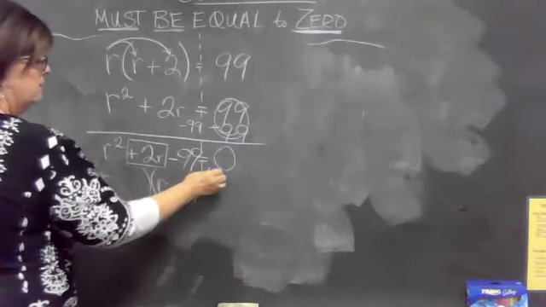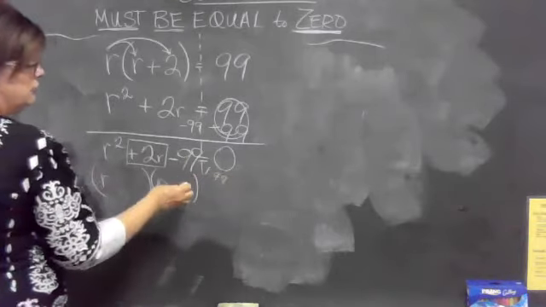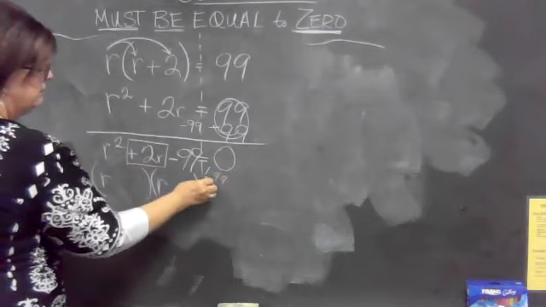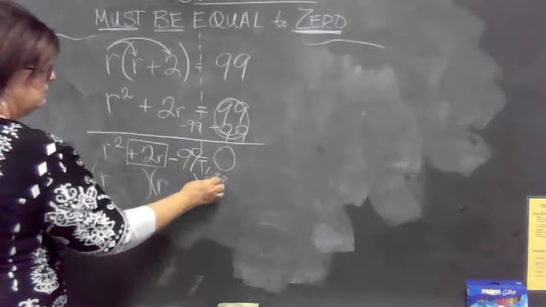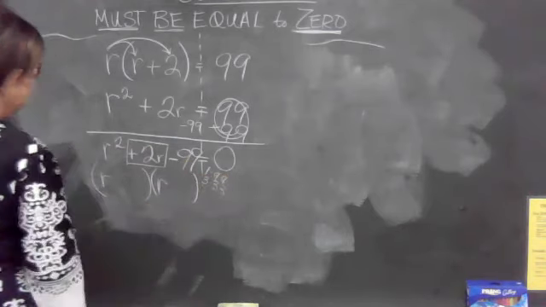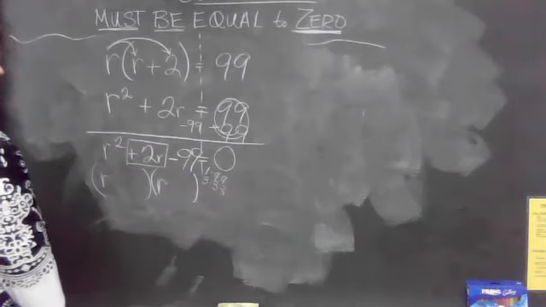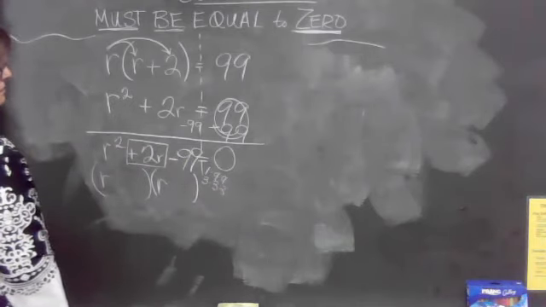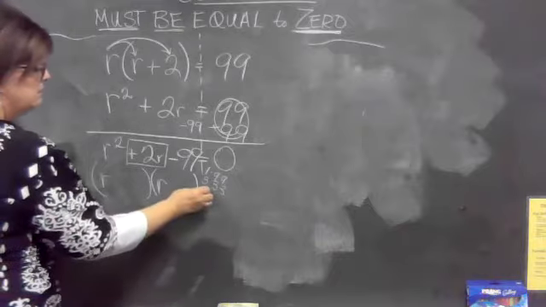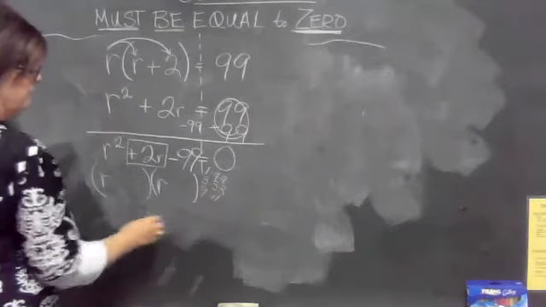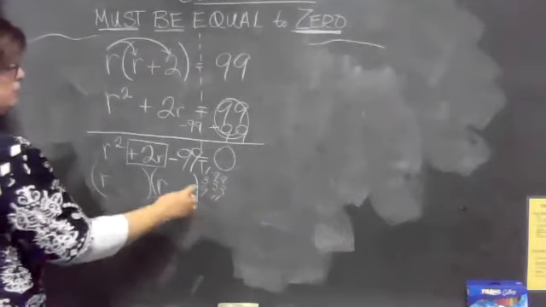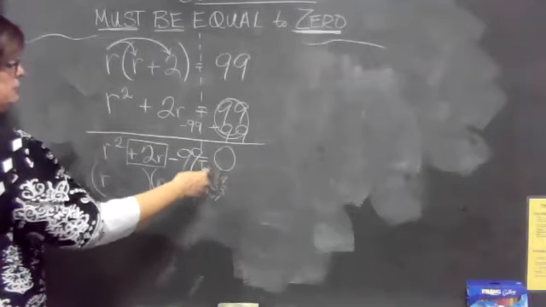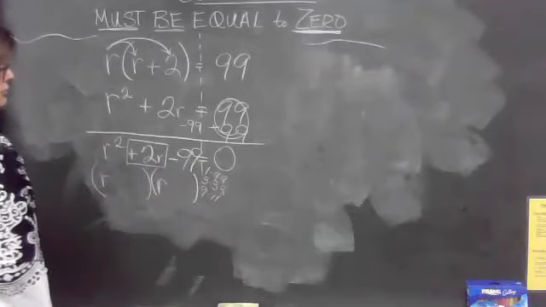This is 1 times 99. 2 doesn't go. 3 times 33. 4, 5, 6 doesn't go. 7, 8, 9 does. 9 times 11. Since the fronts are the same, I should be able to pick out something that adds or subtracts to give me 2.